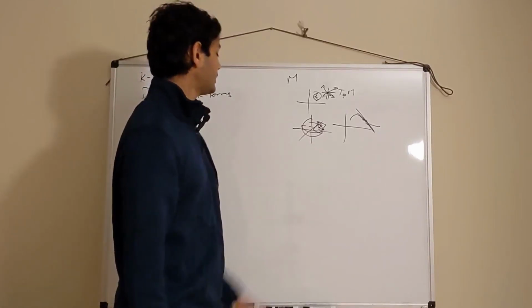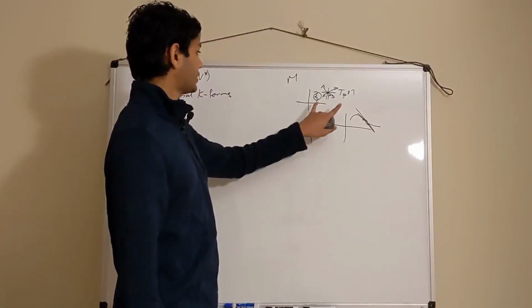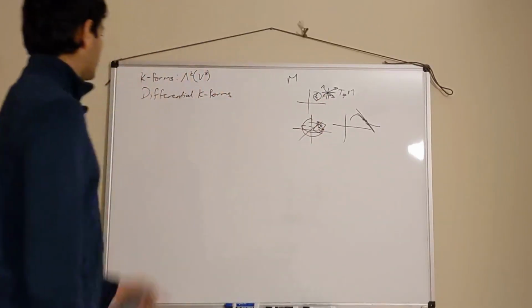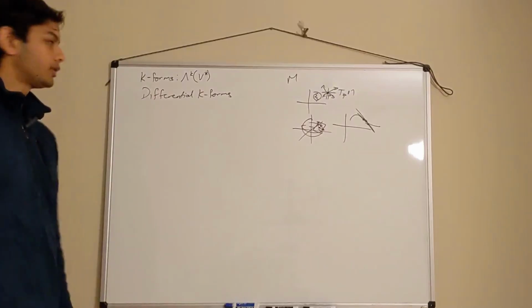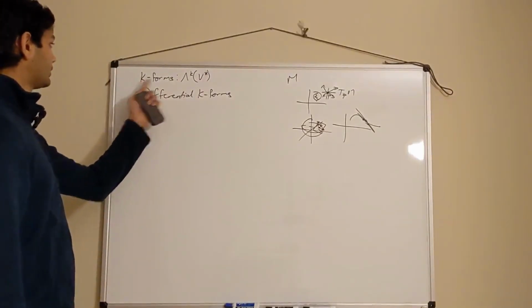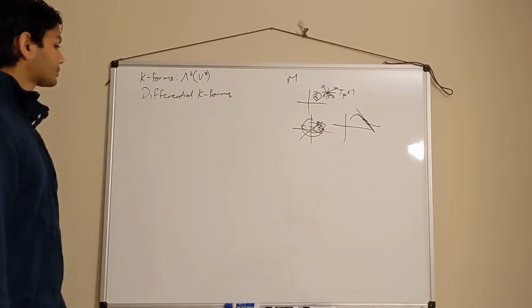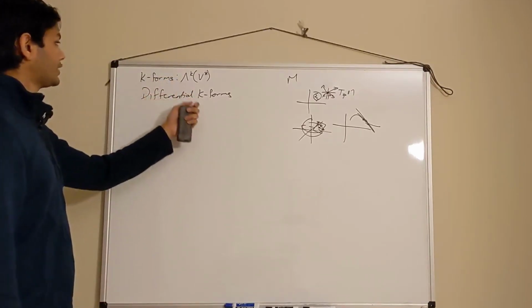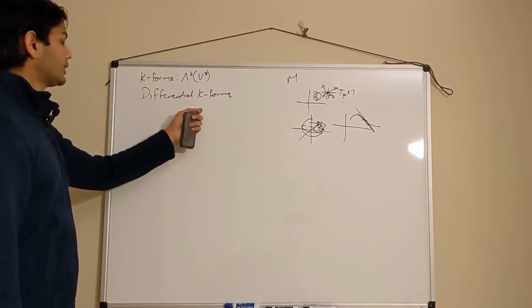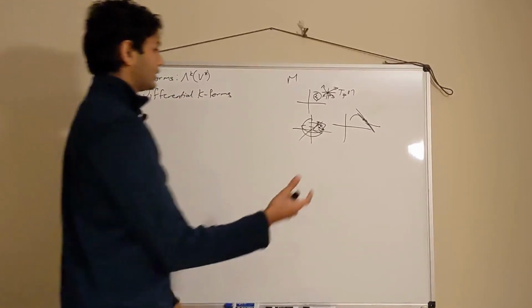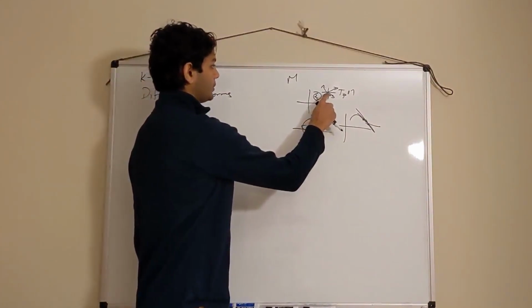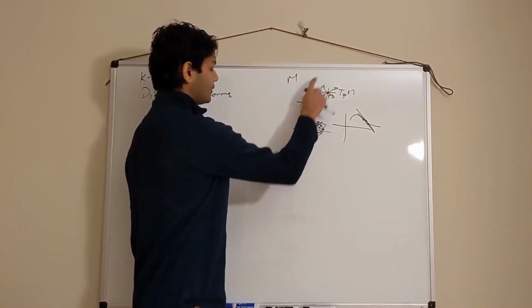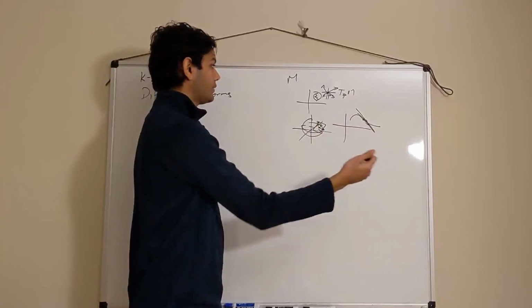But given this notion of a tangent space on a manifold, it's actually not too difficult to define differential K-forms now that we have all the machinery that we use to define K-forms. So a differential K-form is a linear algebraic K-form attached to every point in space. And the way that works is it takes in k different vectors from your tangent space at your point P. For every point P in your manifold, you're going to have a different K-form.